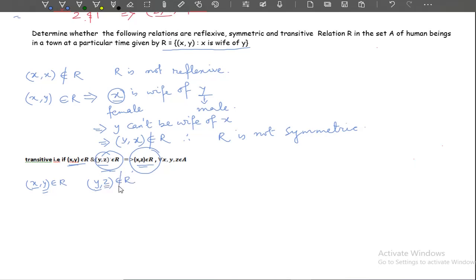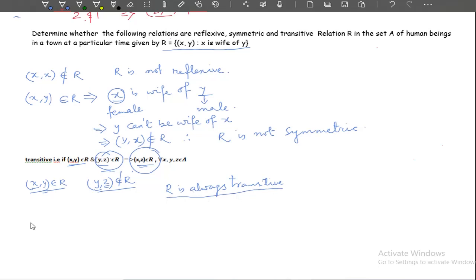So (y, z) doesn't belong. So no question arises about (x, z). (x, y) belongs to R and (y, z) doesn't belong to R. So how can (x, z) belong to the set? So this relation is always transitive. R is always transitive. This question is very tricky. You should not be confused with that.